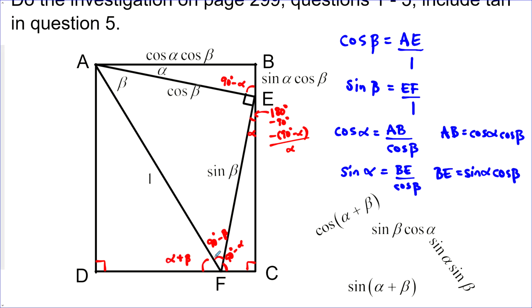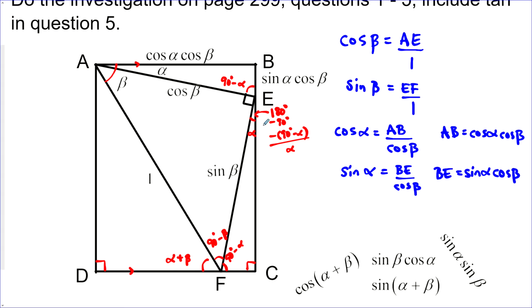You can get that by taking 180 degrees and subtracting these two angles, and you'll get alpha plus beta. It's also this angle here. This line, since we drew a rectangle, is parallel to this line, so these are actually alternate interior angles, so they are the same. Let's find side CE.